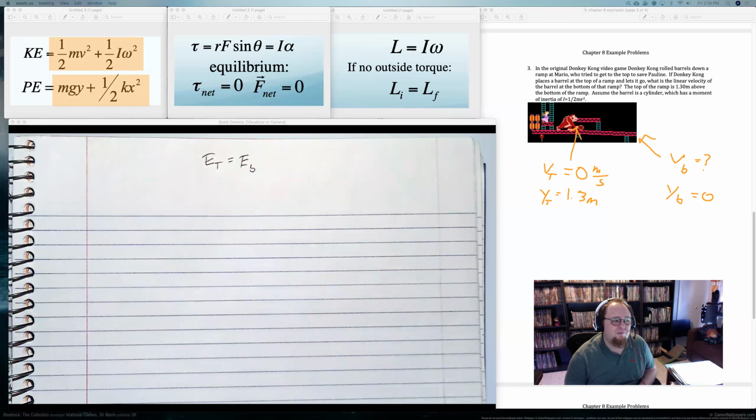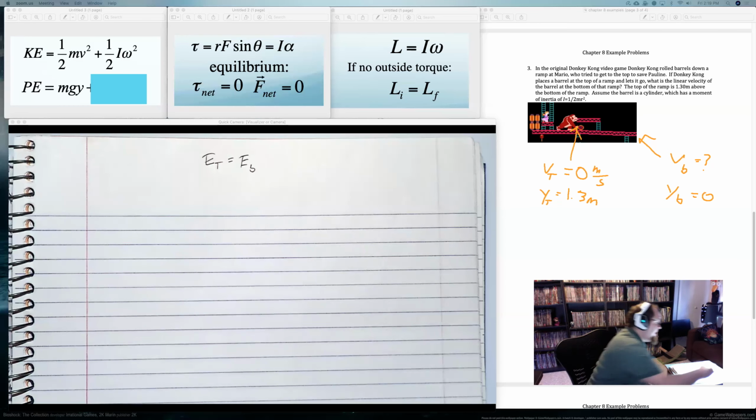But here's the thing here. This problem does not have a spring. There's no springs here. And this 1/2 kx squared term is only for springs. Being that there's no springs, I'm going to get rid of that term and say it doesn't come into play here. I don't need it.